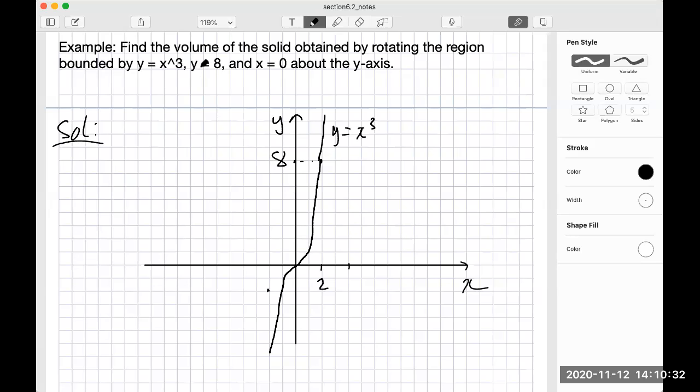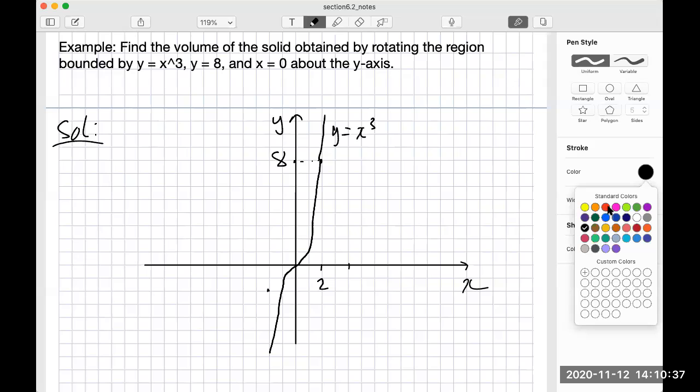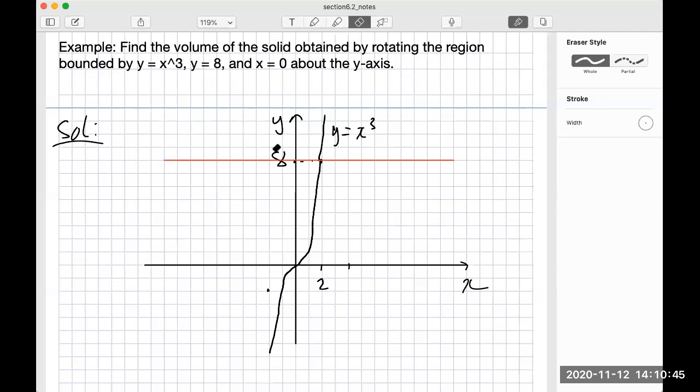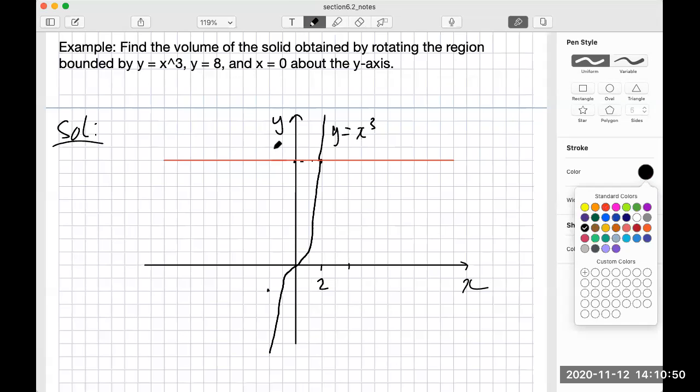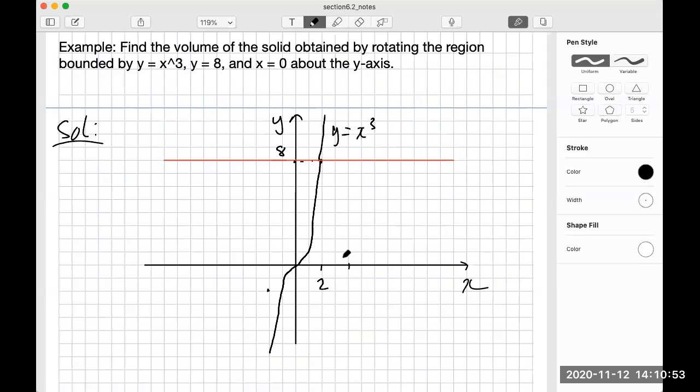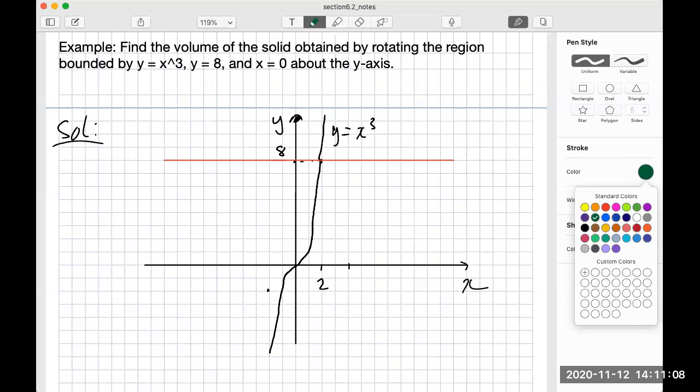And the line y equals 8, this line, right? And x equals 0 will be the y-axis, right?